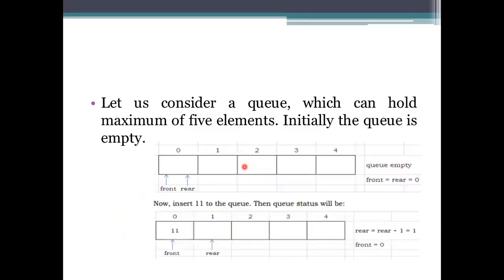Considering this example, the first one, we didn't start the processing here, so it's an empty one. This empty one specifies that the front and rear are pointing to that one. Whenever you are trying to insert an element, during the insertion the rear will point to the next space to be inserted.